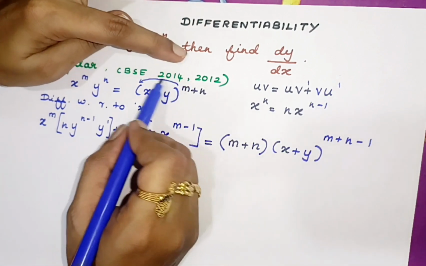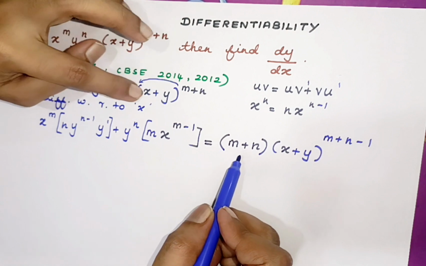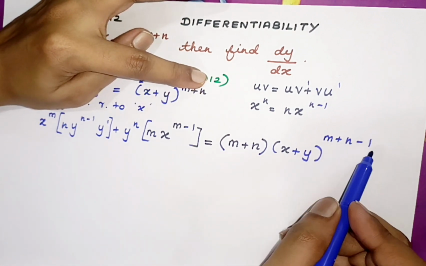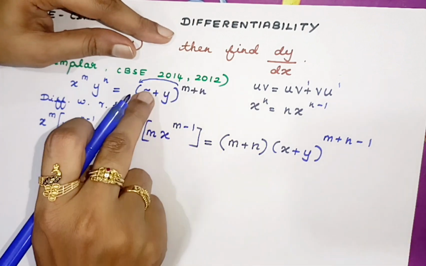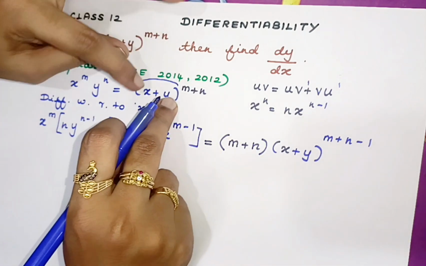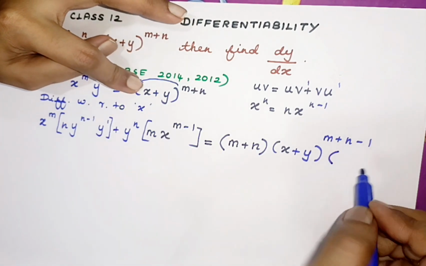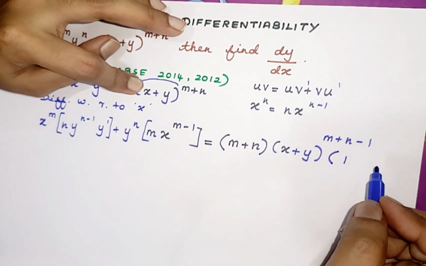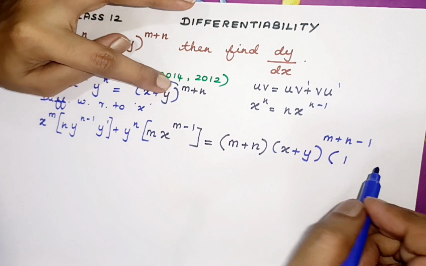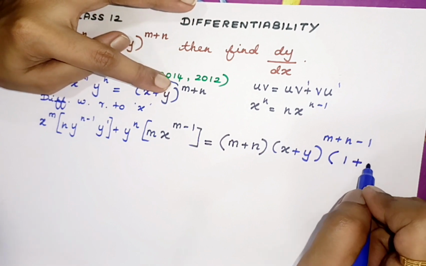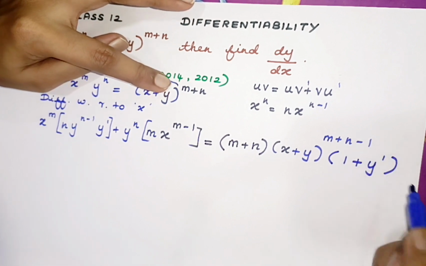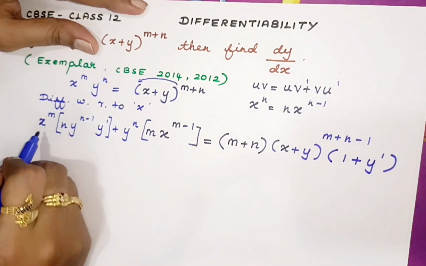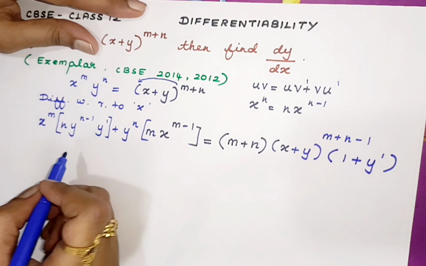So m + n I have kept in front, then (x + y)^(m+n-1). Then again we have to differentiate the function inside. While differentiating x, we will get 1; differentiation of x is 1. While differentiating y, we cannot differentiate it directly, so we have to add y' here. Is that clear, students?